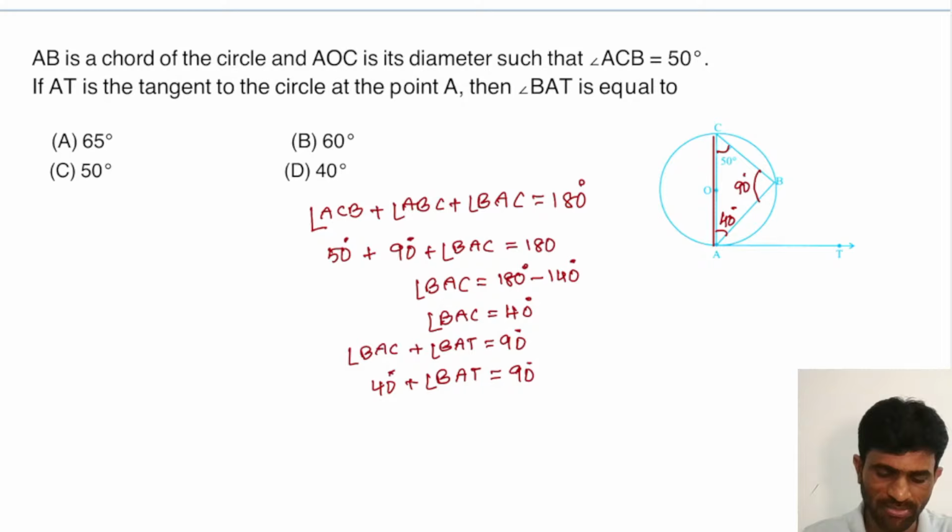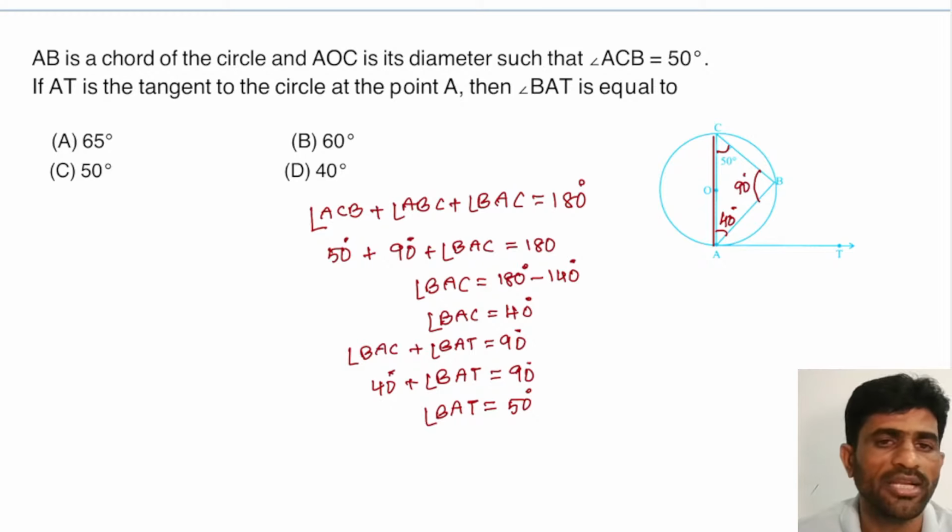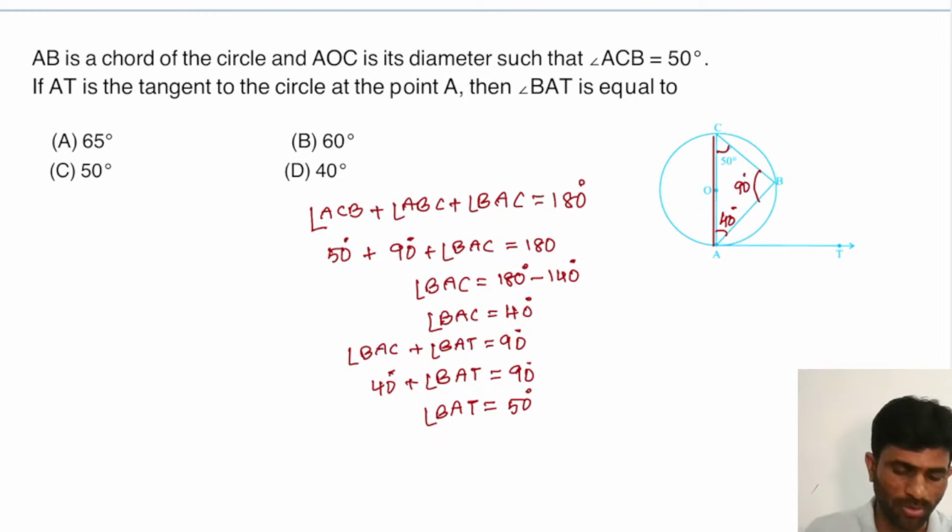Right now, what is angle BAT? Angle BAT is 50 degrees, not 40 degrees. Option C is correct.